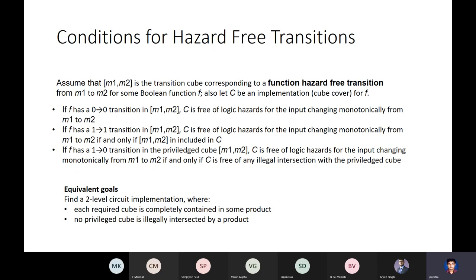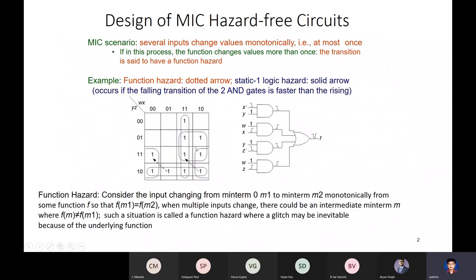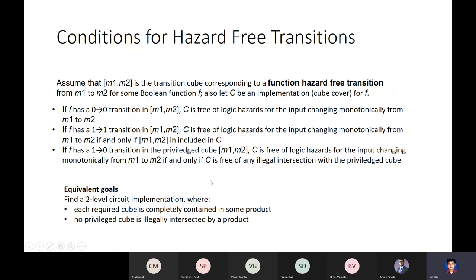Okay, so these are the conditions for a hazard-free, logic hazard-free transition. Function hazard we are assuming is not there. If there is a 0-0 transition, and C is an example realization, this collection of cubes, then C is free of logic hazards for the input changing monotonically from M1 to M2.